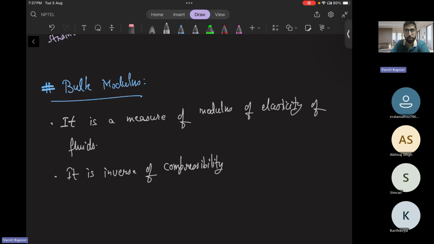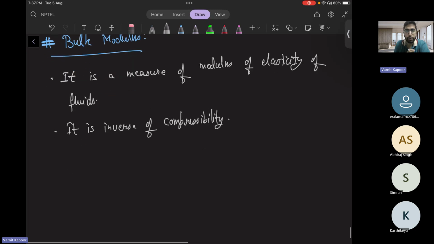That is, the higher the bulk modulus, the lower the compressibility. So liquids have a large value of bulk modulus because they are less compressible in nature, whereas gases are more compressible, so they have a lower value of bulk modulus.